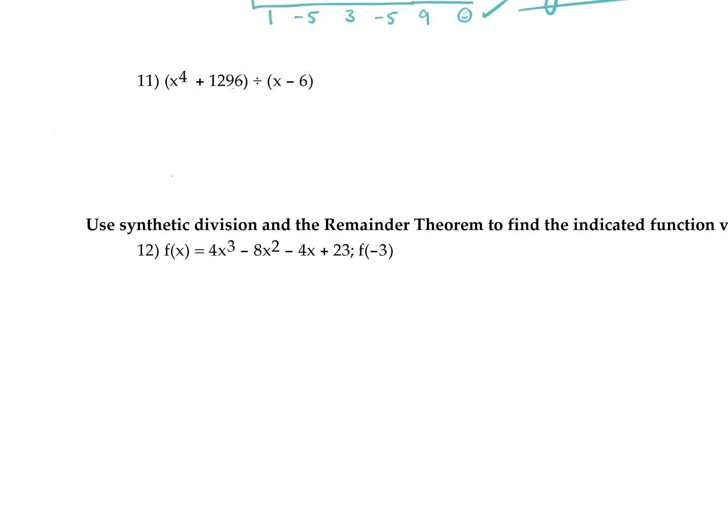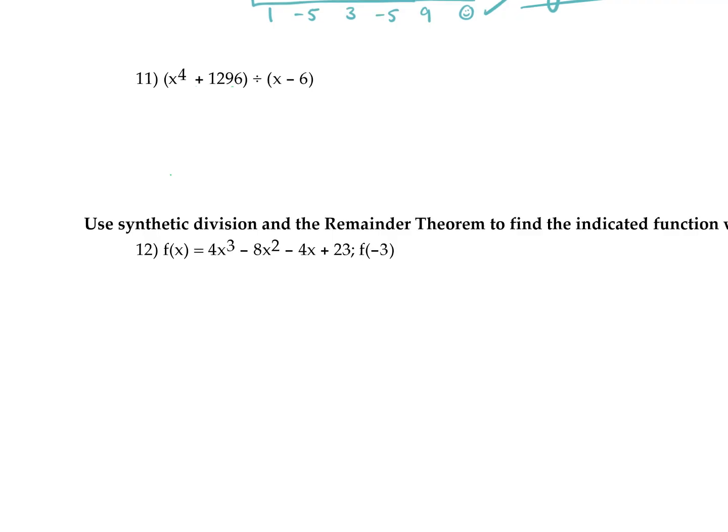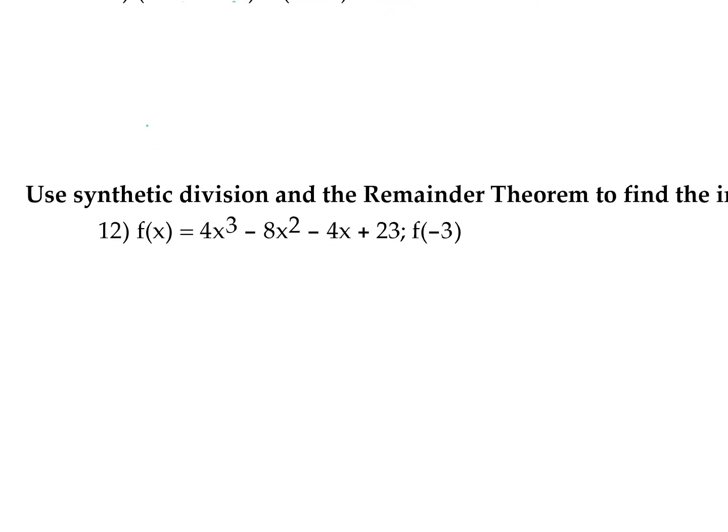For number 12, use synthetic division and the remainder theorem to find the indicated function value. If it says to use the remainder theorem, what does that tell us that our answer is going to be? When we use synthetic division, what's our answer going to be here?